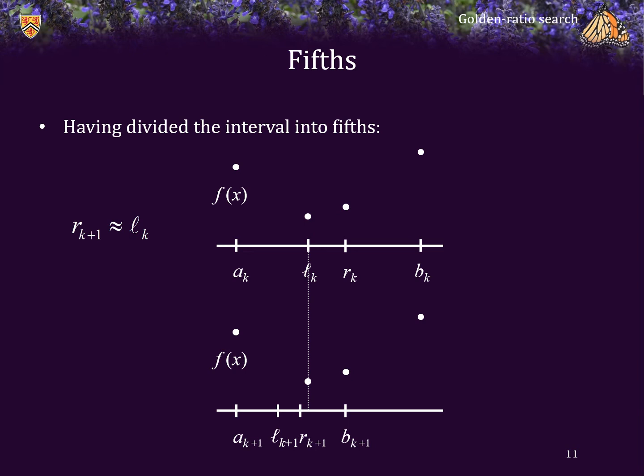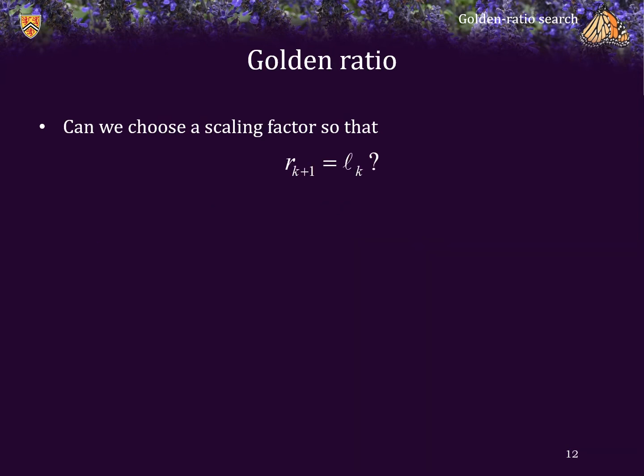Would it be possible to choose L sub k and R sub k plus 1 so that they coincide? So if we're restricting ourselves to the left 3/5 of the interval, the question is, can we choose a scaling factor so that the right interior point with the next iteration equals the left interior point of the original iteration?